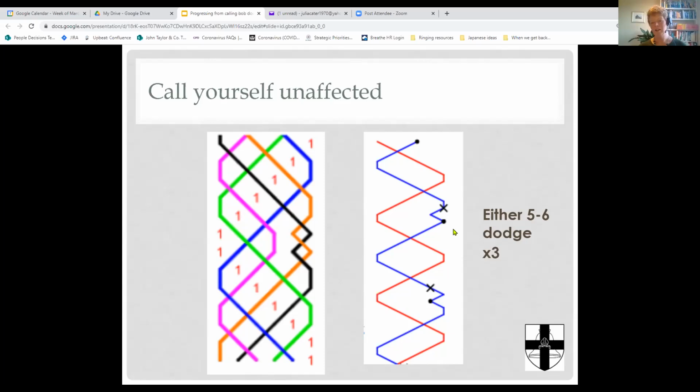Now, this approach is very good if you're finding your way with calling, if you don't want to add many bobs in, so if people are just starting to learn how to ring bobs. The downside is it isn't quite a long time, but it's 3 whole courses.